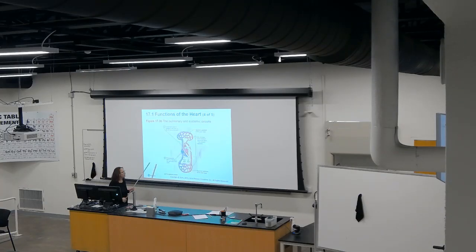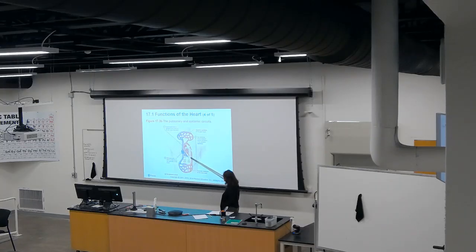So here is the overview, the illustration of this systemic circuit. Everything starts with the arrival of oxygenated blood into the left atrium via the pulmonary veins. And then the left atrium pumps the blood into the left ventricle, which pumps the blood into this major blood vessel, the aorta.